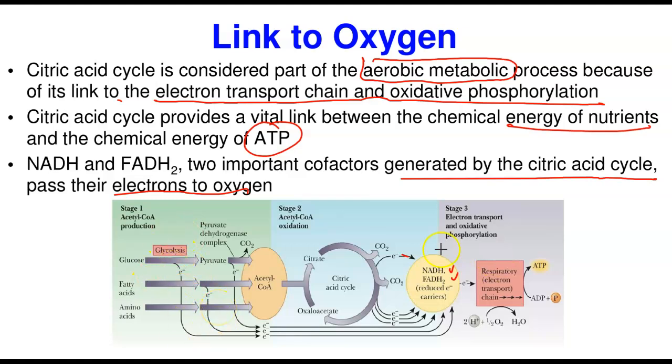All these electrons are carried in the electron transport chain, and the movement of electrons creates the pH gradient. That gradient provides the energy needed for coupling phosphate and ADP to form ATP, which is the ultimate goal of metabolism.